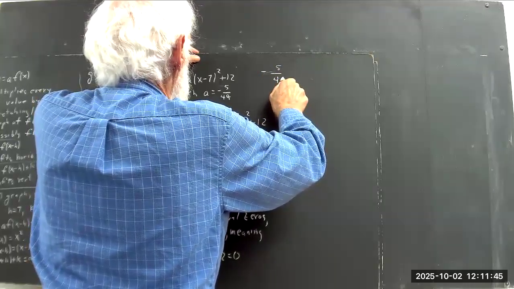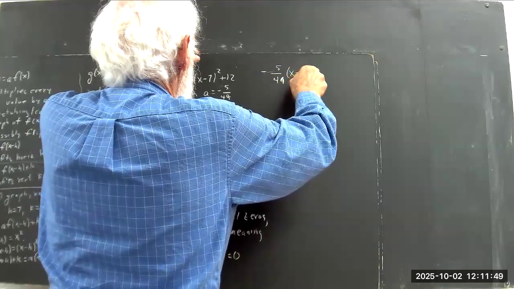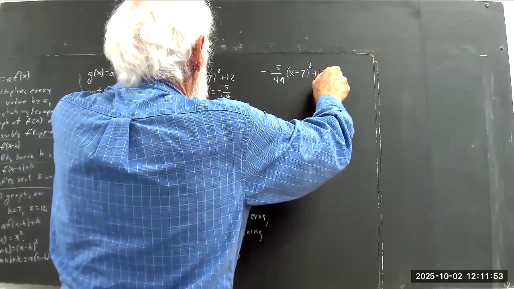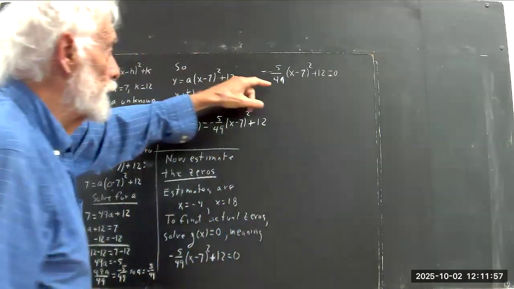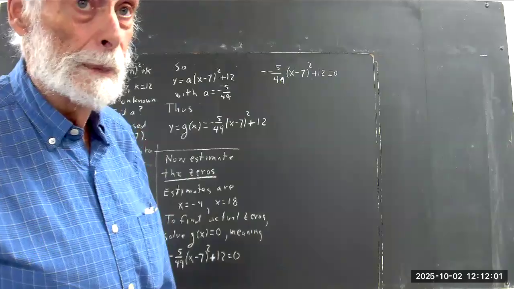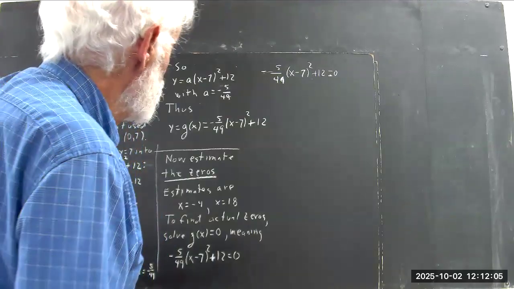-5 over 49 times x minus 7 squared plus 12 equals 0. We have a denominator 49. We multiply both sides by that denominator.